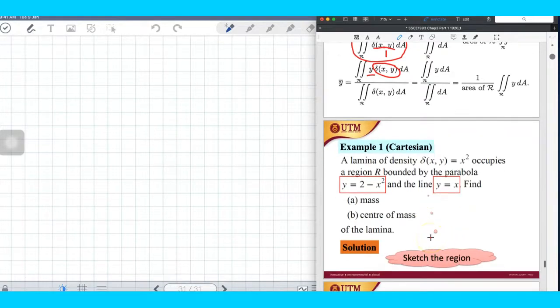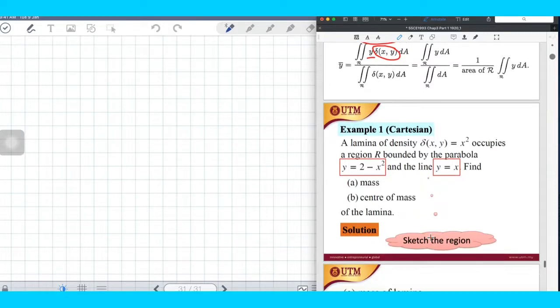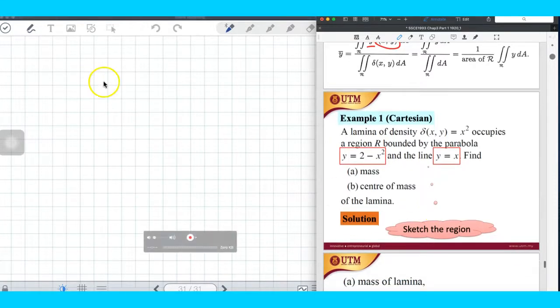Okay, so look at example 1. We have a lamina. If there is the word lamina, then we know that we should apply a double integral. But if there is the word solid given by so and so, then you should use not a double integral but a triple integral.